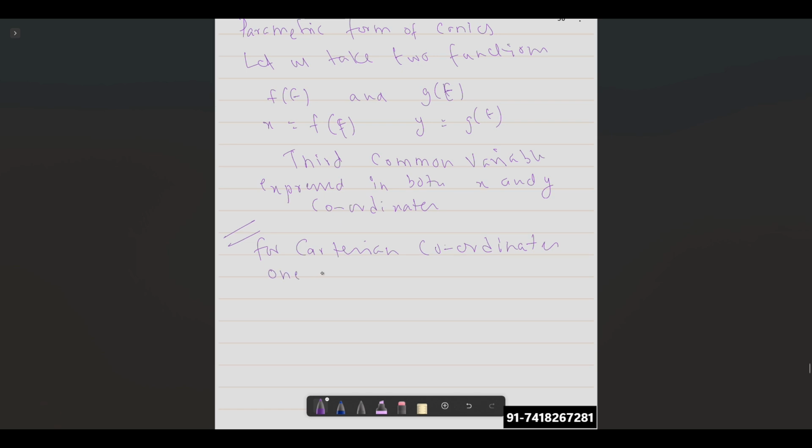So one will be independent and another one will be dependent.